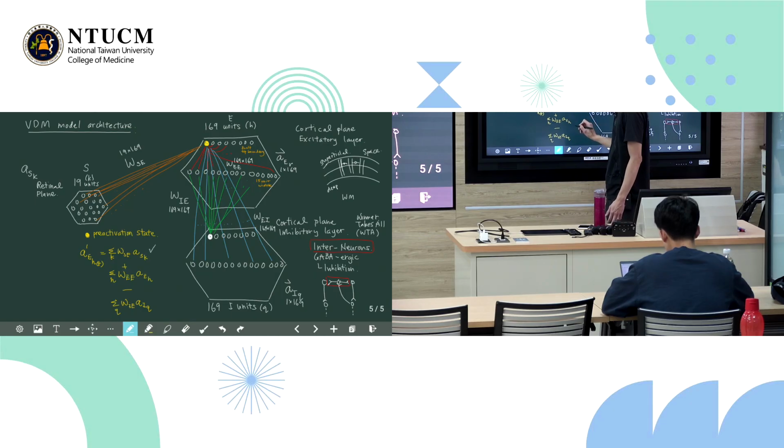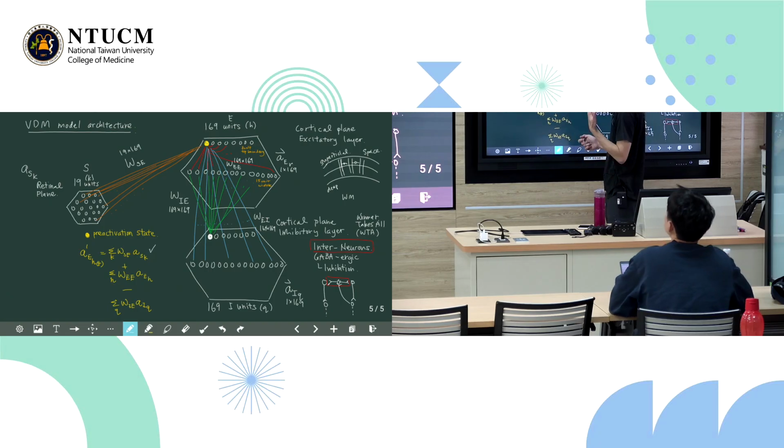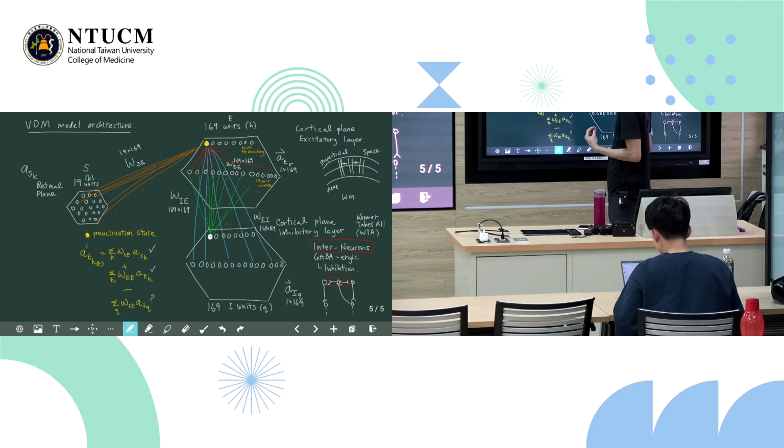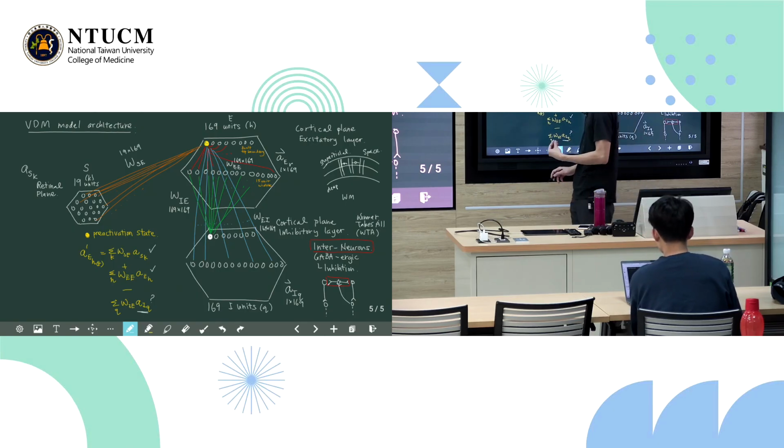And the other excitatory units, because they receive input from the sensory layer, this we also know. But the activity of the inhibitory unit, where is it so far? So far not incorporated. So we also have to know what its pre-activation state or activation state is.